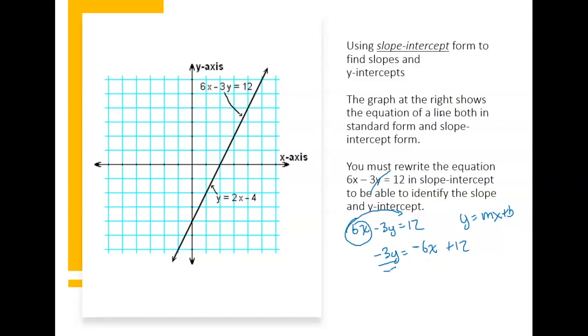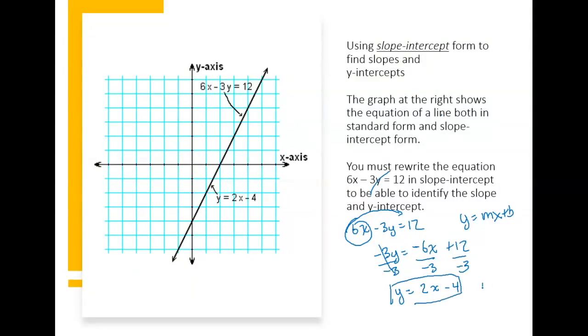Then I need to get rid of this -3. And in order to do that, I have to divide by -3, but I have to do it to every term, right? I can't just divide the -6 by 3 and not do the 12. We have to do both. So -6 divided by -3 is 2x, and +12 divided by -3 is subtract 4. So now we have it in y equals mx plus b form, and we're done.